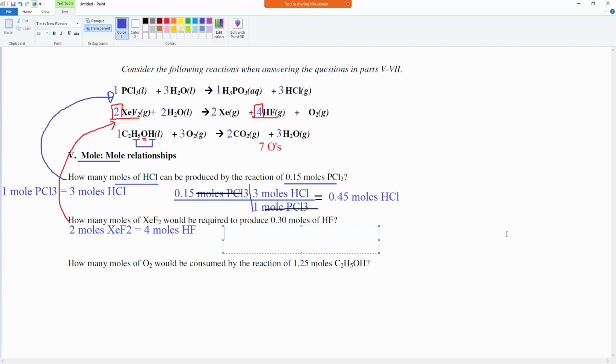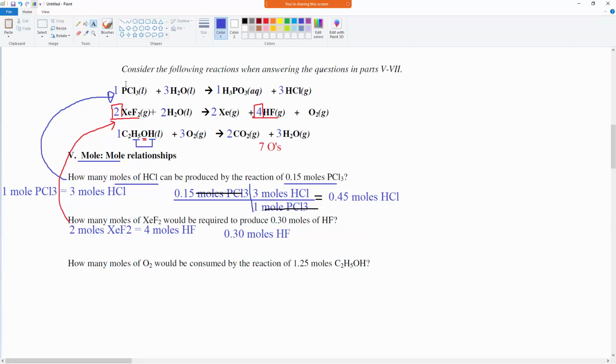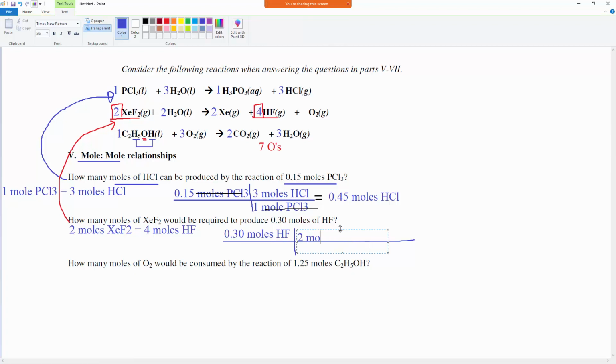Let's start with what we were given, 0.30 moles of HF. Here we go. And what am I going to put here to get what I want, moles of XeF2? Good. I'm going to put 2 moles of XeF2 on the top.